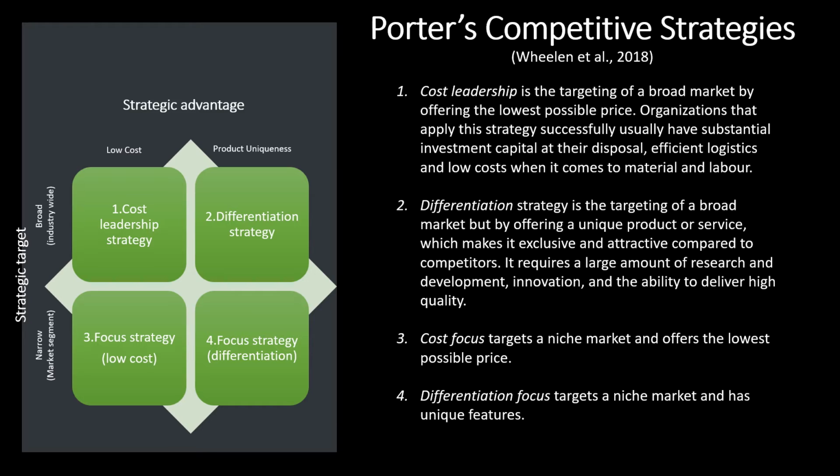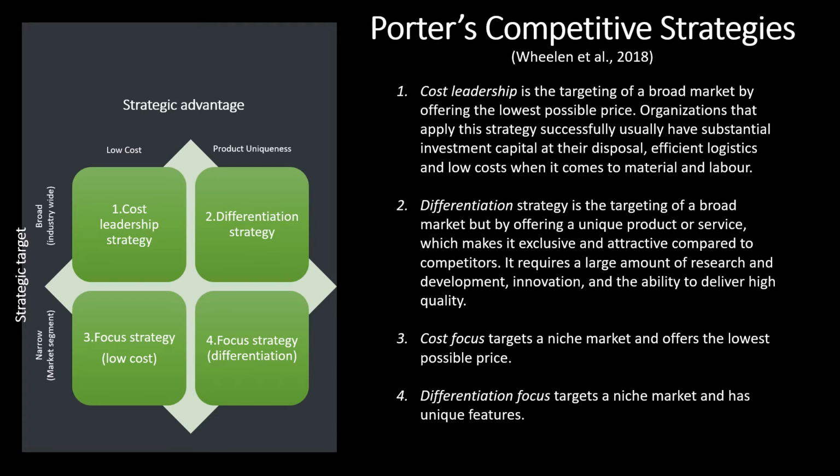Organizations applying this strategy usually have substantial investment capital at their disposal and are very efficient in manufacturing or logistics, so they can offer low cost when it comes to materials and labor. This is a very strong advantage for this kind of company because they can target the mass market.